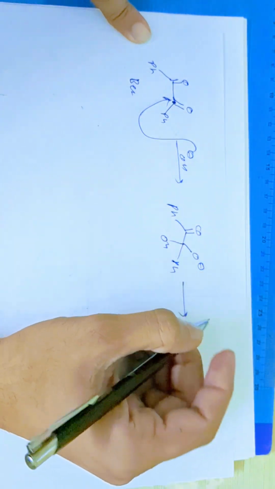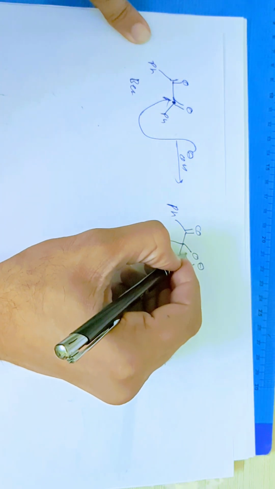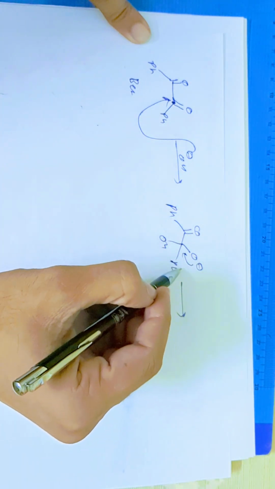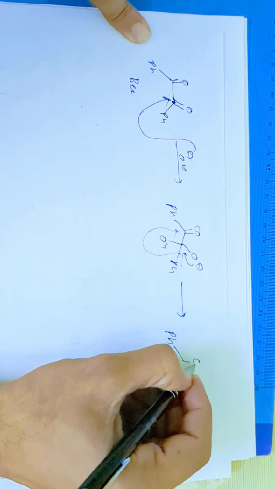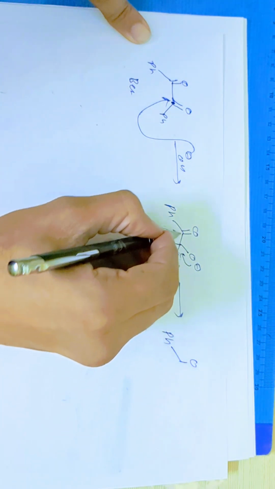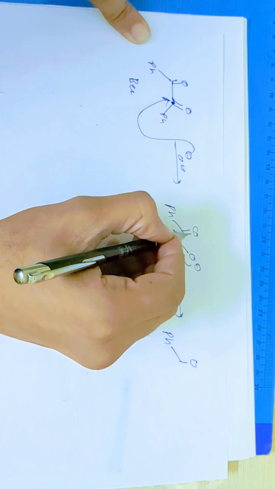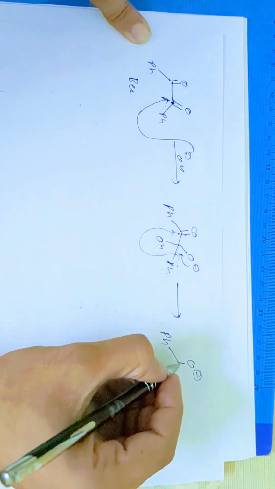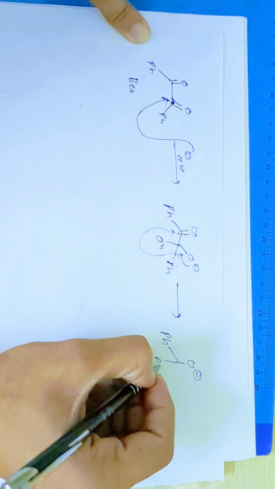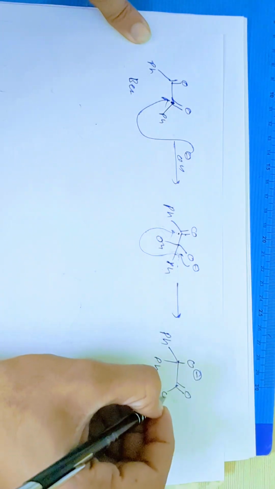Now again it can attack and there will be a rearrangement, phenyl will be shifted to this carbon. Okay, let's see how. And again when this phenyl is attached to this carbon, then this double bond will break and here the oxygen will get negative charge, and here Ph, O and OH.